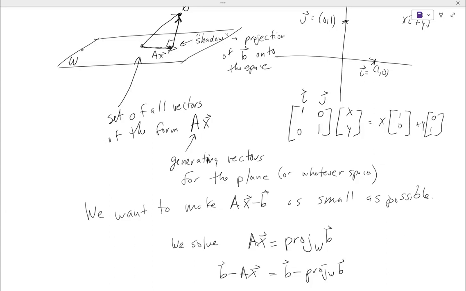It's perpendicular to everything in W. Pardon me. That vector there is perpendicular to absolutely everything in W.